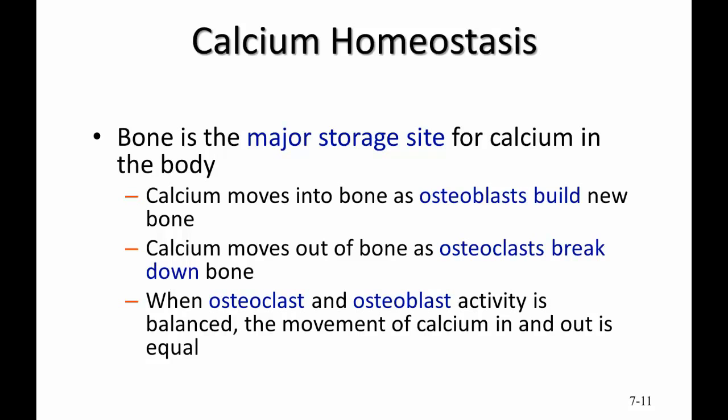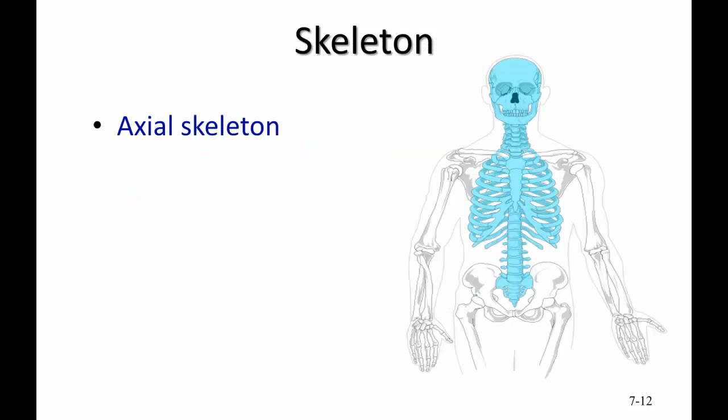Okay, if you guessed osteoporosis, you would be correct. Or even osteopenia. Osteopenia is not as severe as osteoporosis. Osteopenia means thinning bones. And as we age, there's a normal amount of osteopenia that takes place. But osteoporosis, that's a bit more severe, and we can wind up with pathological fractures.